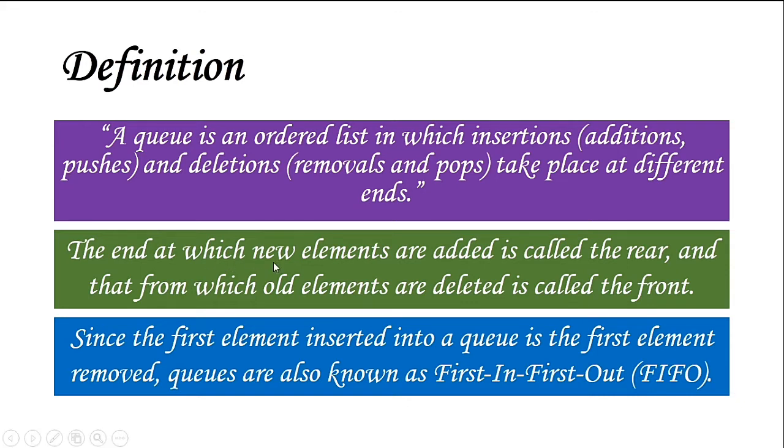The end at which new elements are added, we call it rear, and the end where the old elements are deleted, we call it front. Since the first element we insert into the queue is the first element which will be removed, queues are also called first in, first out. Right? It is not like stack, it is first in, first out.